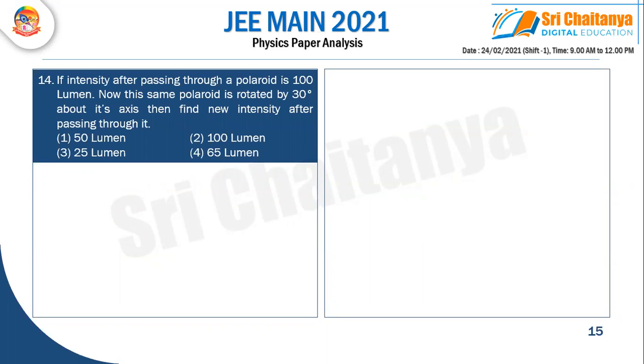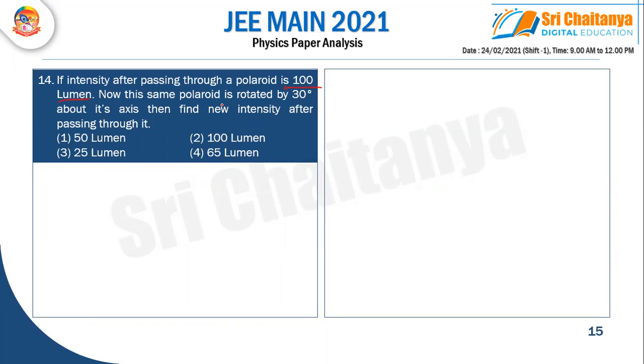Now the problem reads, if the intensity after passing through a Polaroid is 100 lumen, and this same Polaroid is rotated by 30 degrees about its axis, then find the new intensity after passing through it.